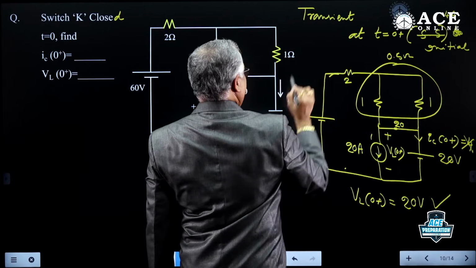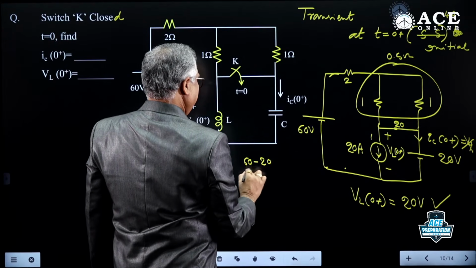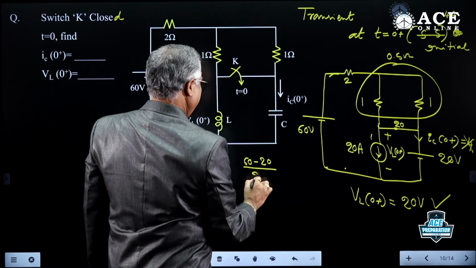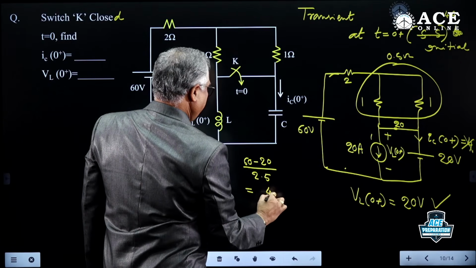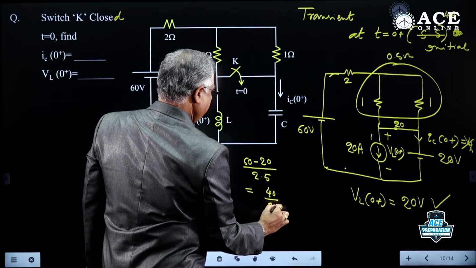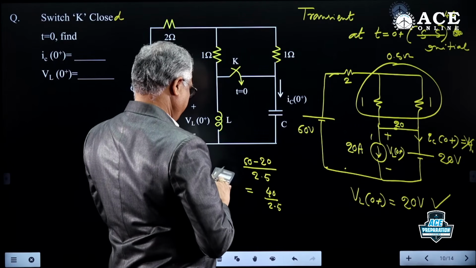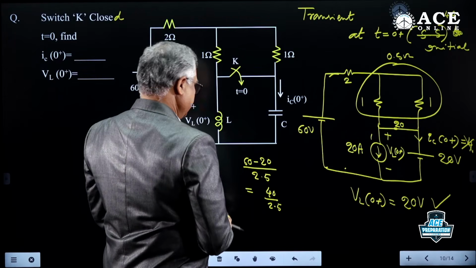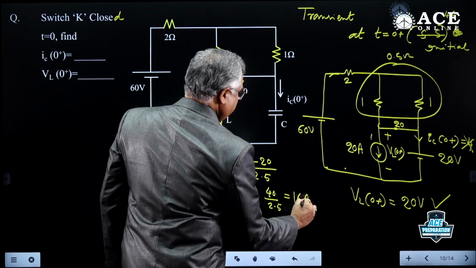What is the total current? 60 minus 20 by 2 plus 0.5, that is 2.5. This is nothing but 40 by 2.5, which is 16 amps.